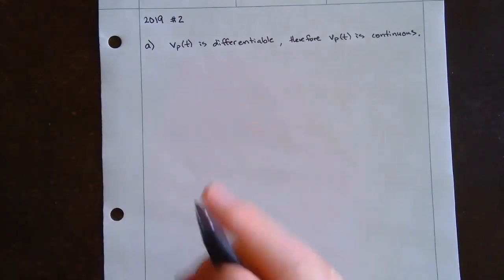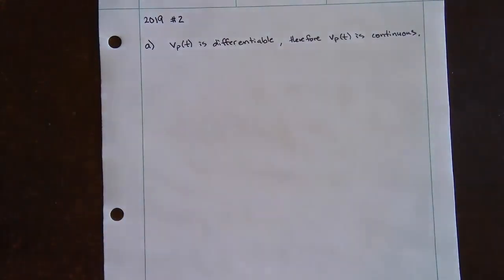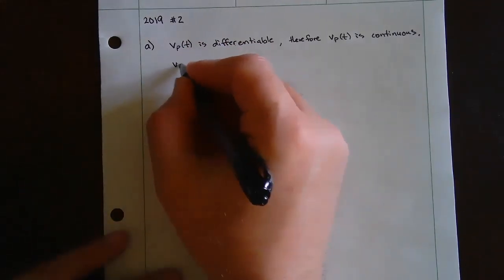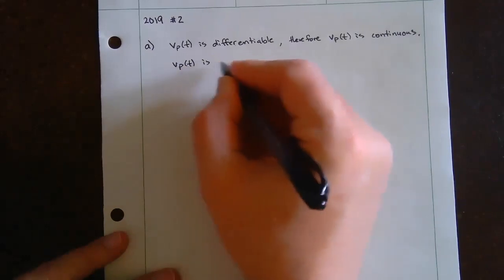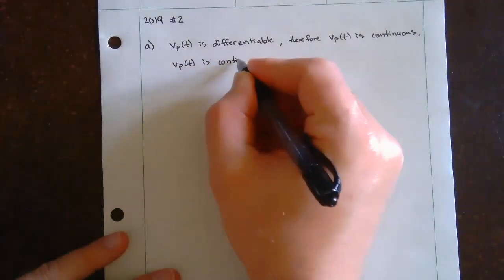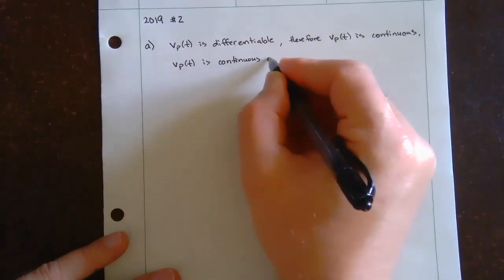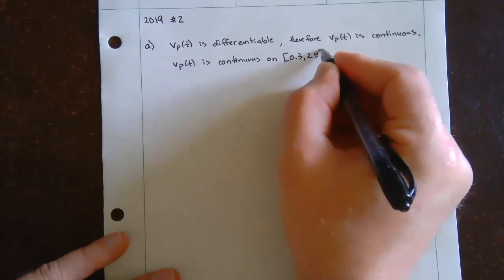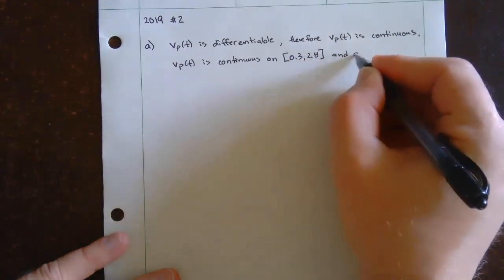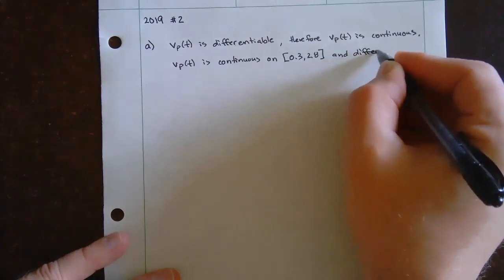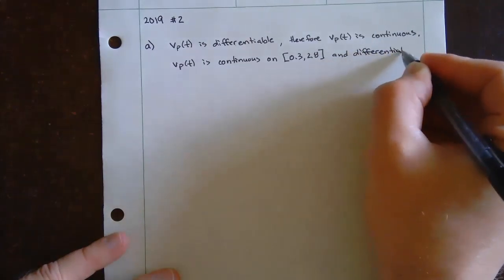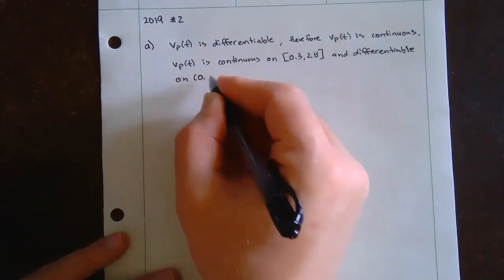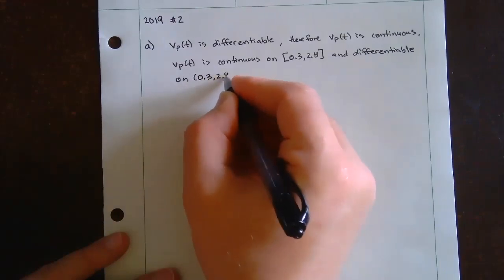Now I'm just going to add something to this. It needs to use the mean value theorem, and I'm just going to go straight from the mean value theorem. We know that v sub p of t is continuous on the closed interval 0.3 comma 2.8 and differentiable on the open interval 0.3 to 2.8.